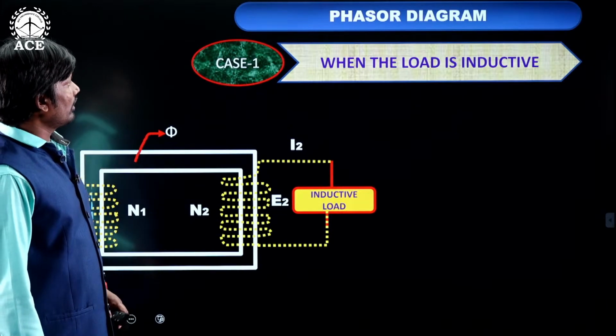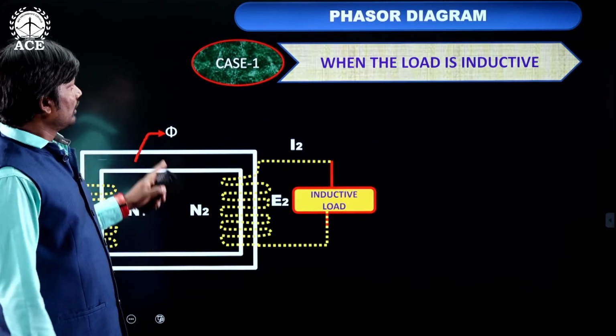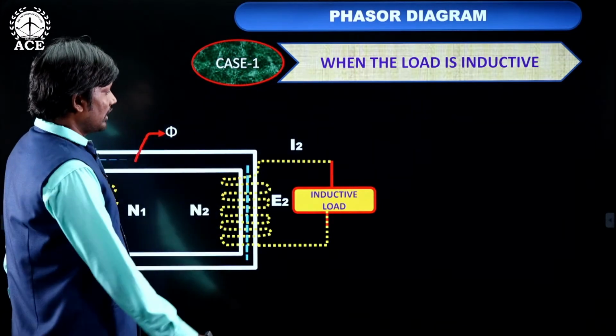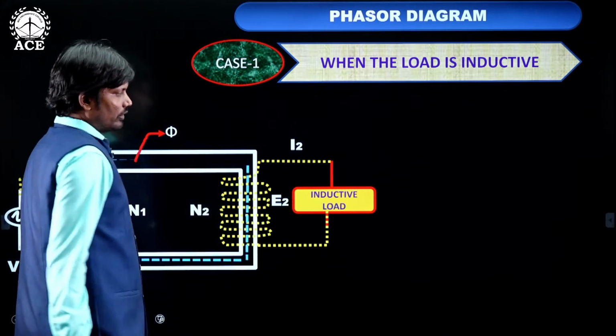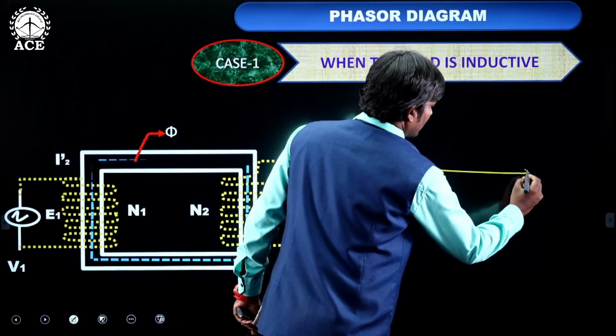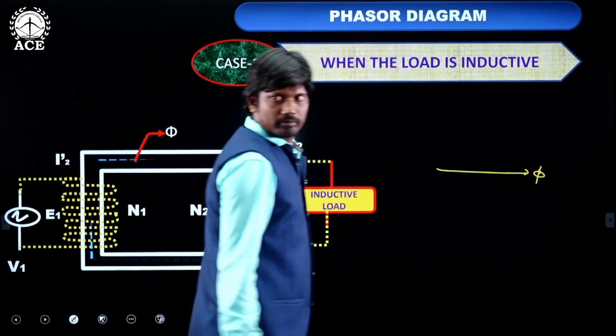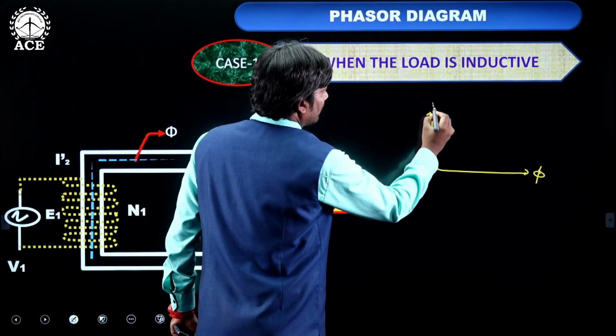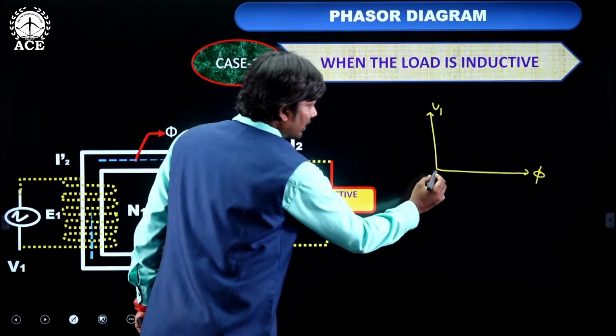Now we are going to draw the phasor diagram. So case 1, when the load is inductive. See here, the load is inductive. Now we know this one, phi m, this is V1. Under no load condition we already studied this.